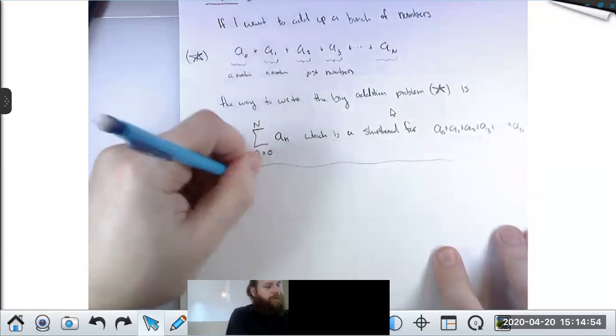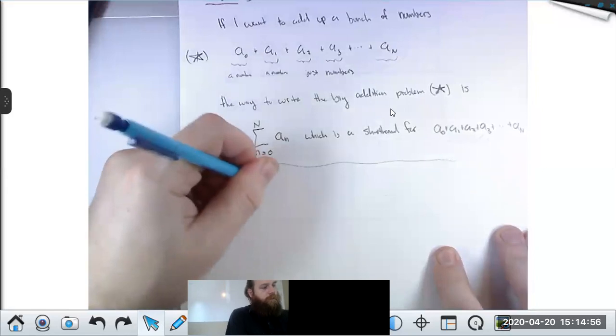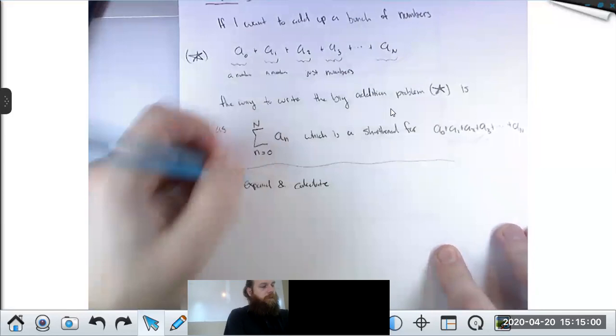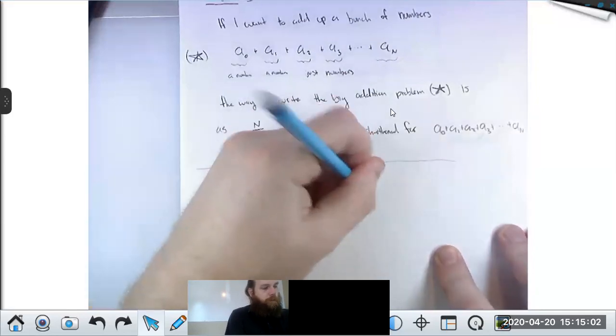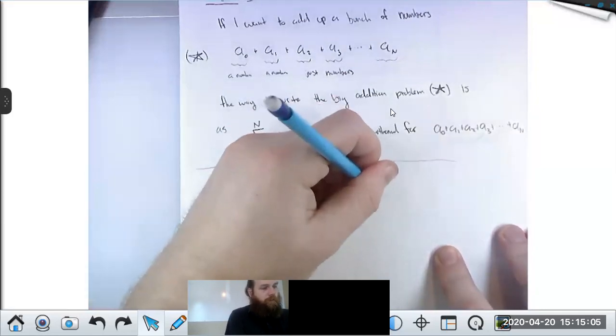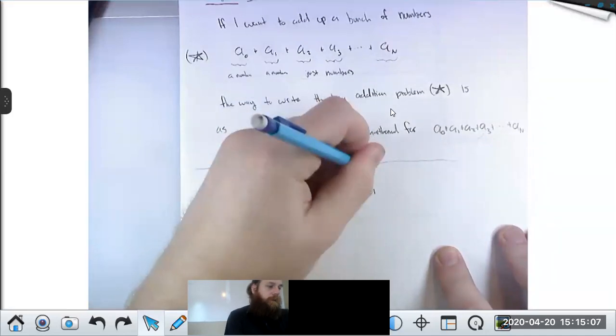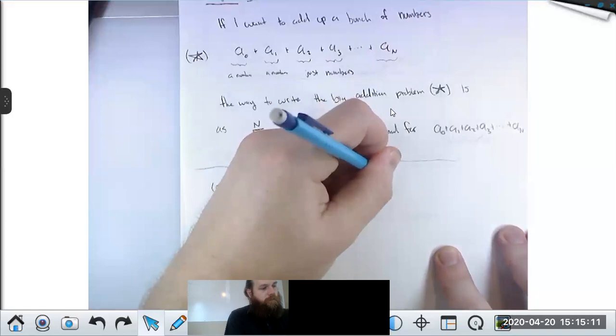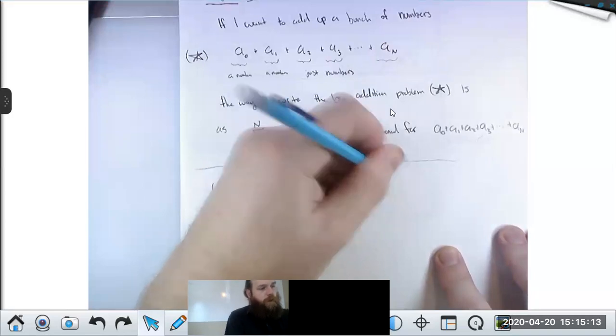Let's expand and calculate sigma n equals 1 to 5 of, let's say, 2n.